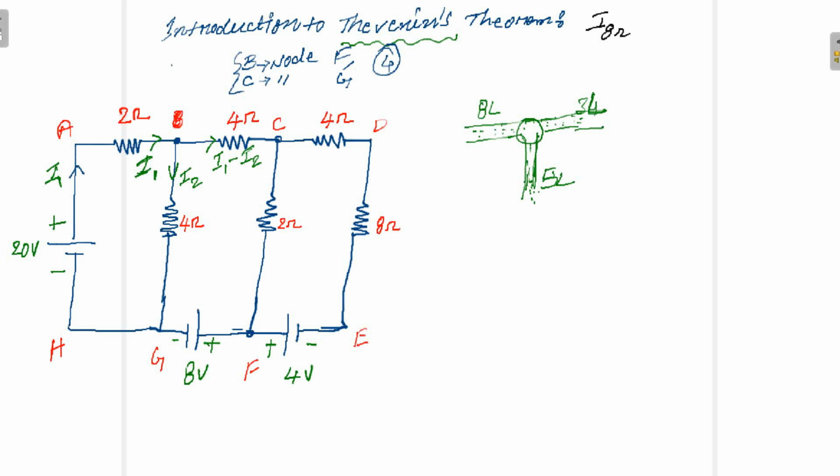So 8 minus 5, the 3 liters only flows. The same thing we apply here. I1 is coming, some amount I2 flows through this 4 ohms, and the remaining current flows through the other 4 ohms.